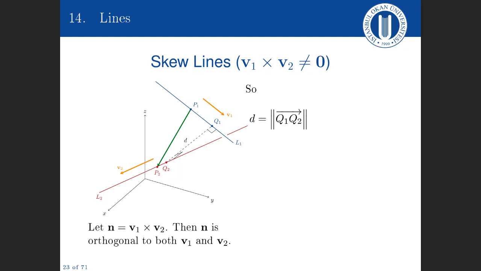Because this dotted line here is orthogonal or perpendicular to both lines, we need to find a normal vector which is orthogonal to both V1 and V2. But we know how to do that. If we take the cross product of V1 and V2, then we get a vector which is orthogonal to both V1 and V2. So this normal vector n must be parallel to the dotted line.